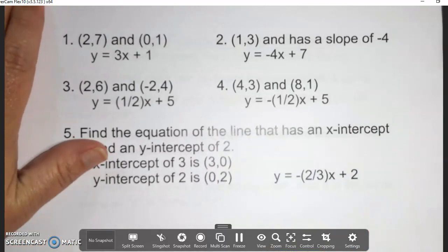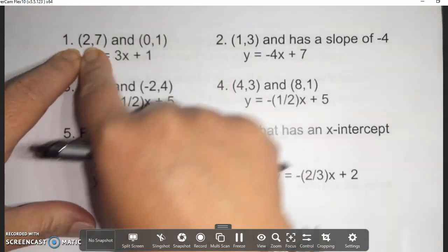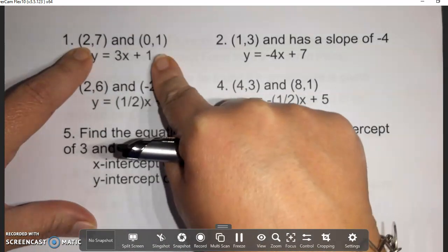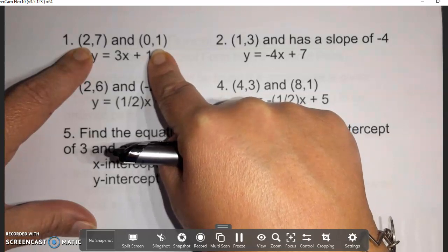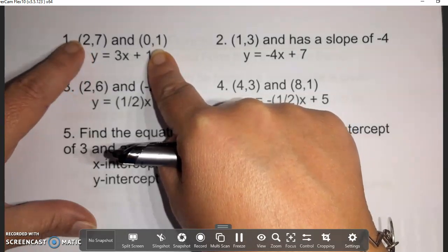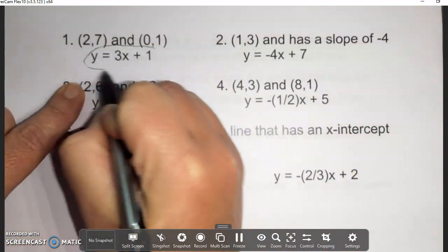Let's go over your homework. So on number 1, you had 2, 7, and 0, 1. Find the slope. Once you get the slope, you put in an ordered pair, and you got your B. This should have been your answer.